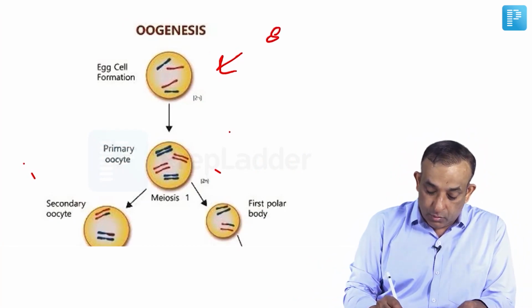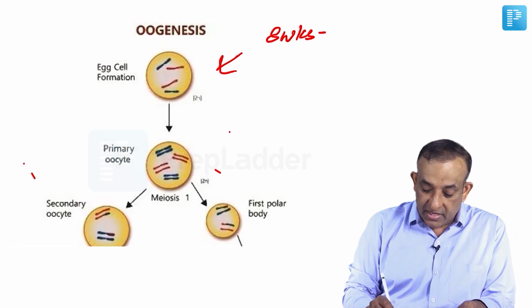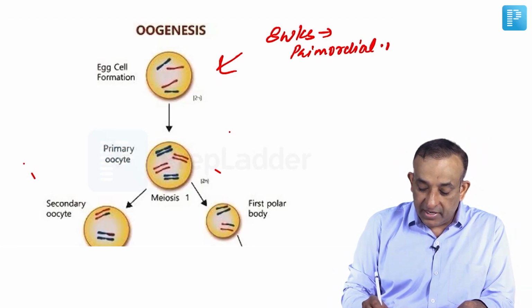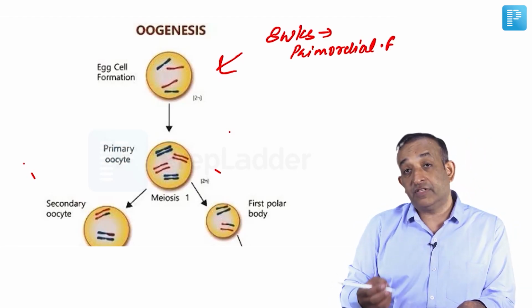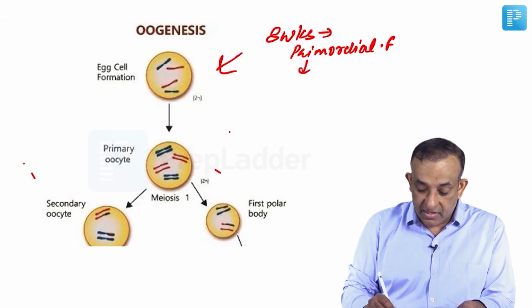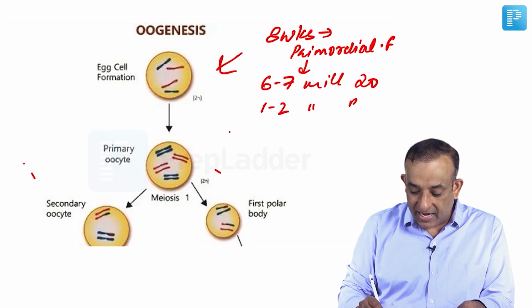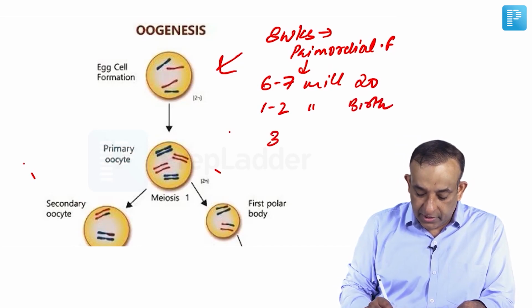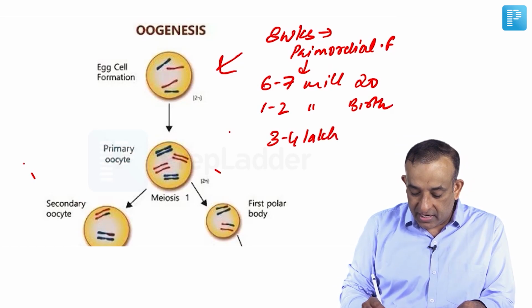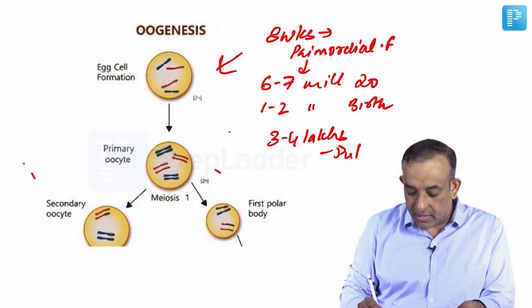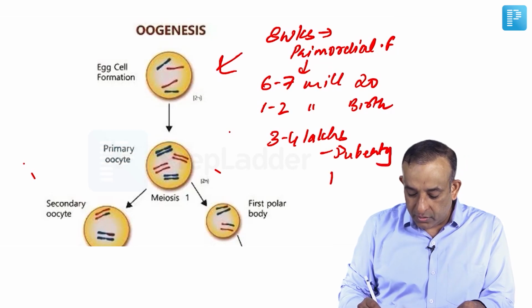As early as 8 weeks of intrauterine life, there are a lot of primordial follicles, and these reach up to 6 to 7 million at 20 weeks and 1 to 2 million at birth, and only around 3 to 4 lakhs are remaining at puberty. And from puberty onwards, 1 oocyte or 1 egg is released every month.